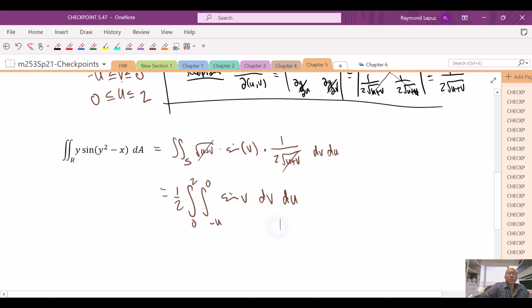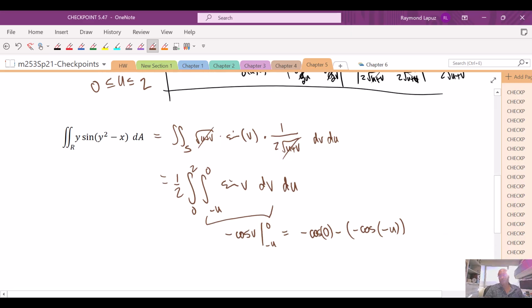All right, we integrate sine with respect to v. The integral of sine is, I think, negative cosine v, and we're going to put negative u and 0 in. 0 first, so that's negative cosine of 0 minus negative cosine of negative u. Quite a bit of negative signs here.